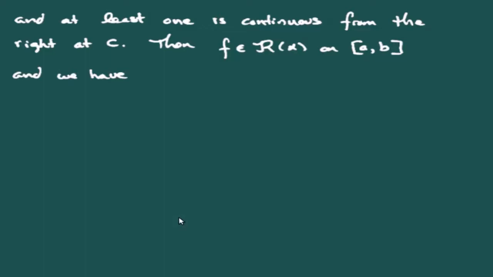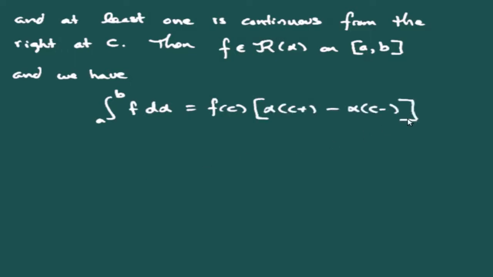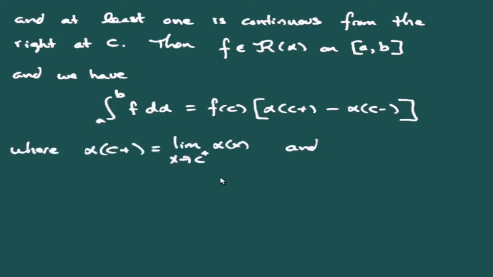And in fact, the integral from a to b of f d alpha is going to be f of c times (alpha of c plus minus alpha of c minus). Now, what is alpha of c plus? It's the limit as x approaches c from the right of alpha, and alpha of c minus is just the limit as x approaches c from the left of alpha.